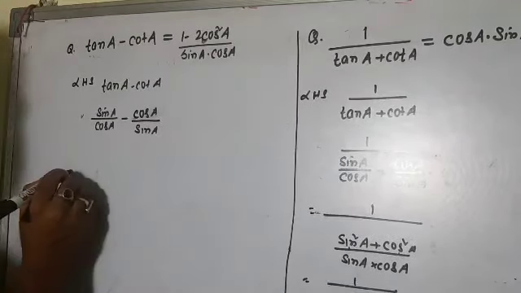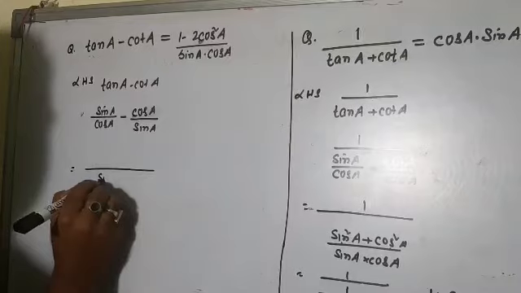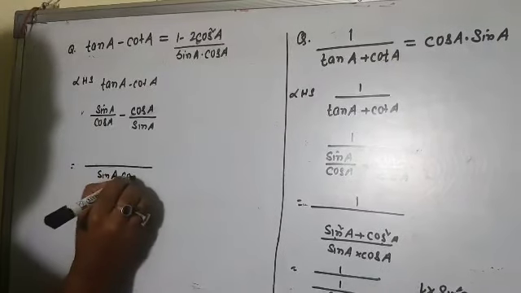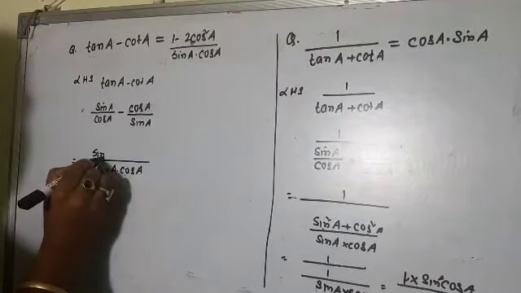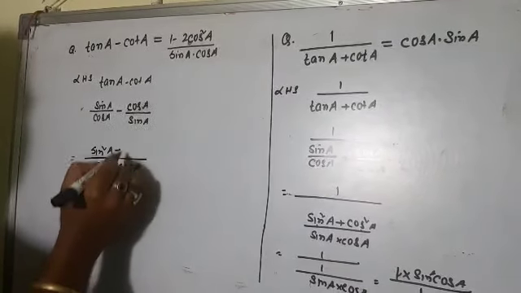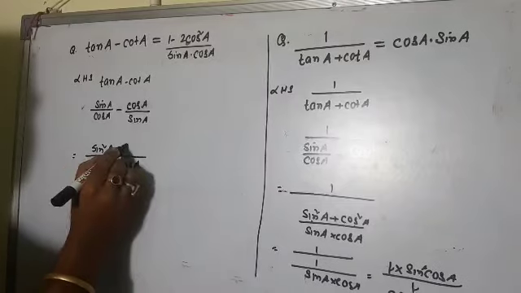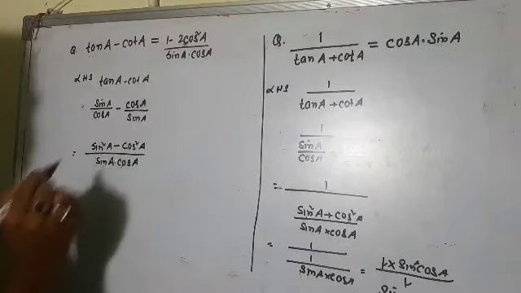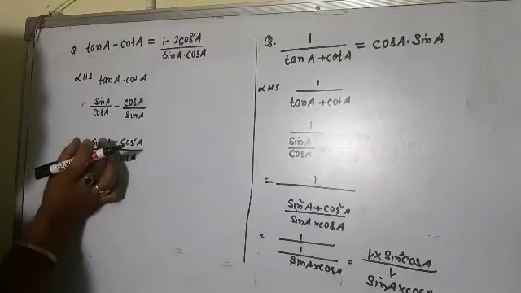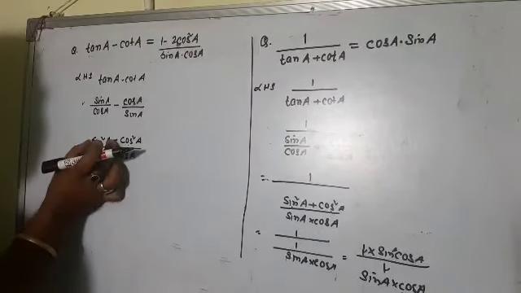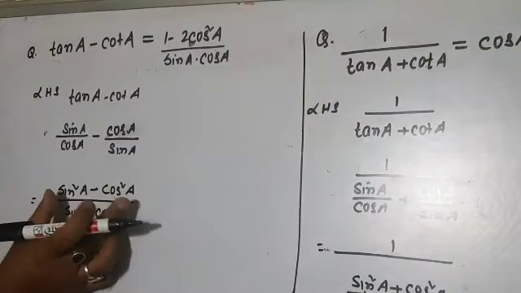Now what is your LCM? LCM is sin a into cos a. So here cos cancels, giving sin square a, and here sin cancels, giving cos square a. So this is in the form sin square a minus cos square a, that is a square minus b square, so that is a plus b and a minus b.